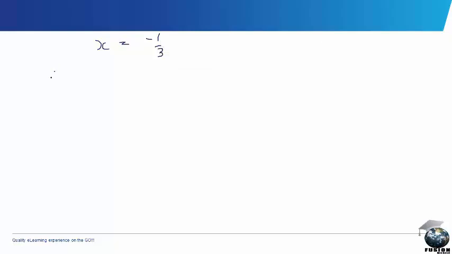Or we can say that x minus 4 is equal to 0, so that 4 crosses the equality sign and x is equal to 4. So therefore x is either equal to minus 1 over 3, or x is equal to 4.